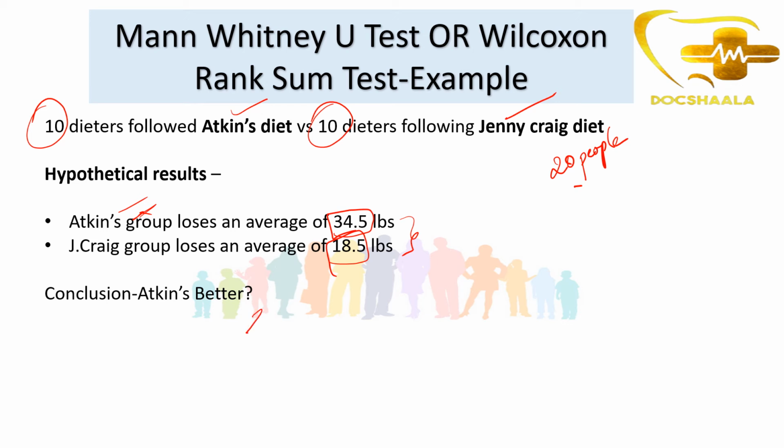So is this the correct conclusion? Whether we are concluding it correctly or not, we are going to see based upon the Mann Whitney U test or Wilcoxon rank sum test.